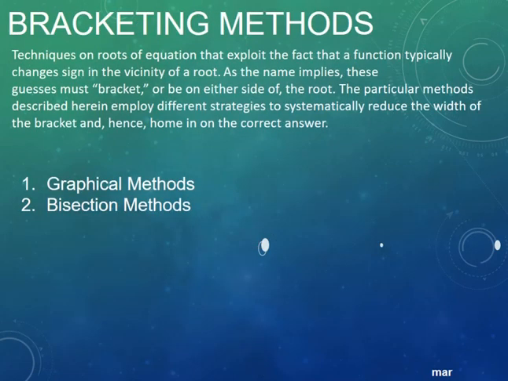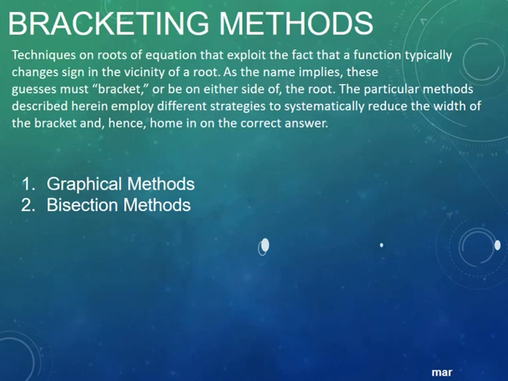So one method in finding the roots of equations is the bracketing method. So these techniques for roots of equations exploit the fact that a function typically changes sign in the vicinity of a root. So as the name implies, these guesses must bracket or be on either side of the root.